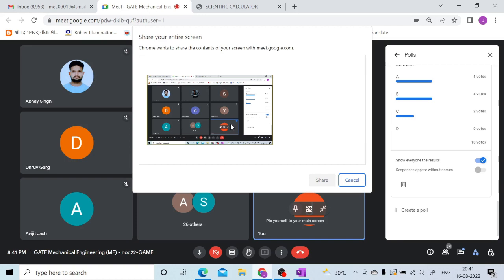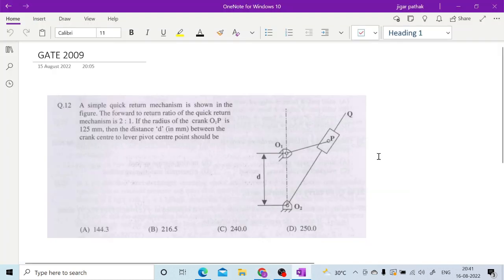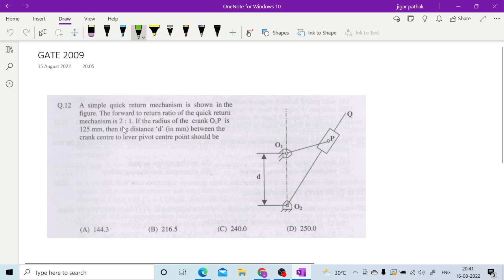So this is a very similar question to the one we have just done. Here the quick return mechanism ratio is given as 2 is to 1. So beta upon alpha is 2 is to 1. Again you will find alpha as 120 and beta as 240.